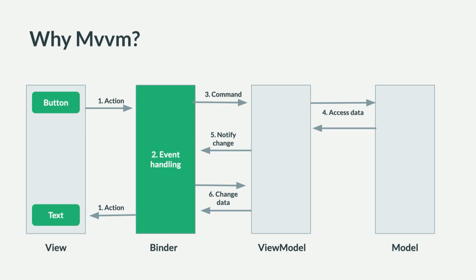The binder is basically where all the magic happens. It handles everything between the view and the view model. When you press a button on the screen, it sends a command to the view model, which gets picked up there automatically. You do some processing, get some data from the internet, trigger a change, and the view will actually update to that change. So it's a really nice way to separate your concerns between the view and the view model.